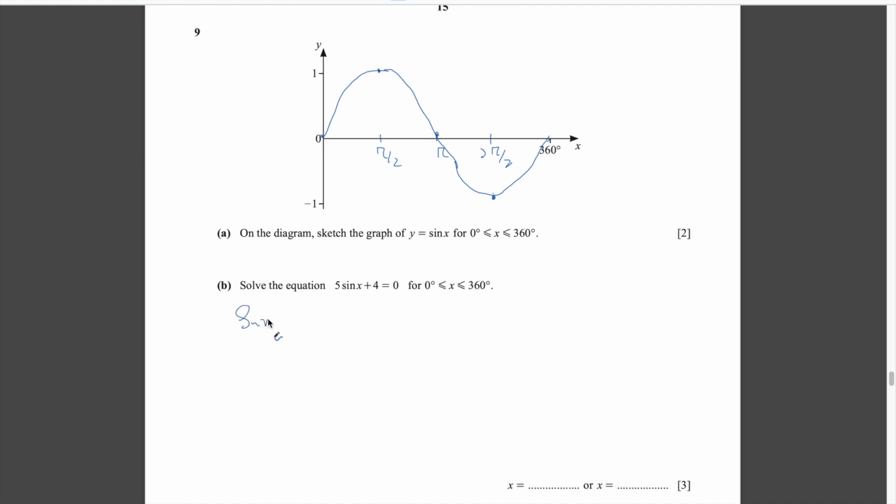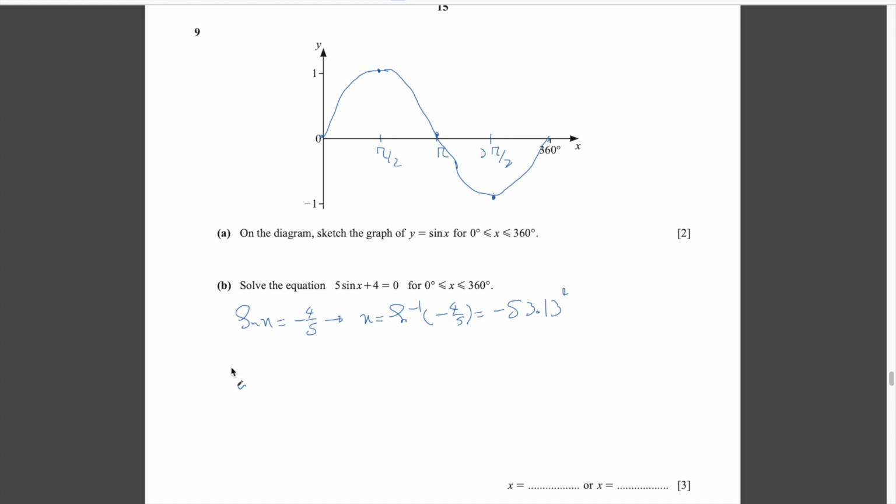Now it says solve the equation 5 sine of x plus 4 is equal to 0. So sine of x will be equal to negative 4 over 5. So x will be equal to sine inverse of negative 4 over 5. So I take sine inverse of negative 4 over 5. It will become negative 53.13 degrees, but it's not within the range.